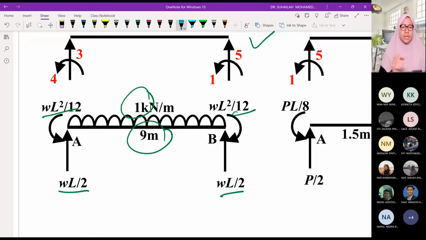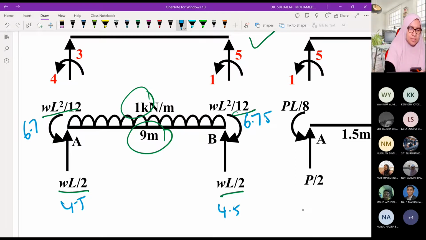So it is WL over 2, which is 9 divided by 2, 4.5. So this is 4.5, right? Okay, and WL squared over 12. W is 1 times 9 squared over 12. It is 6.75.